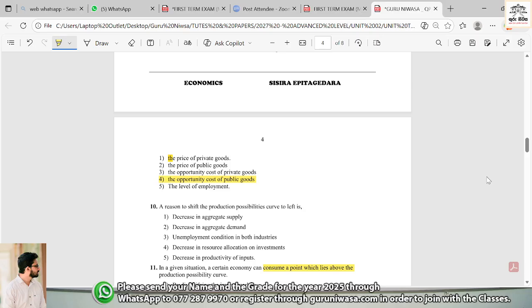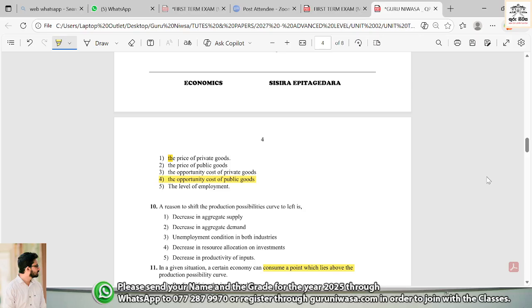What happens now to the opportunity cost of private goods? Anyone? Sanuli, Dipna?